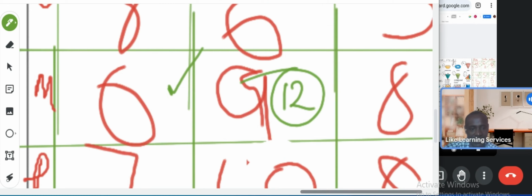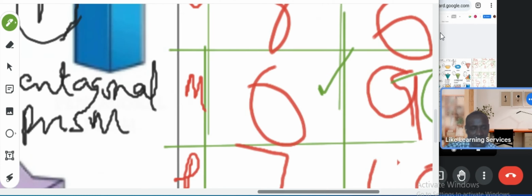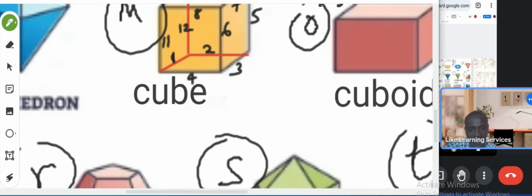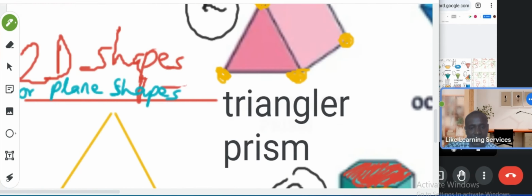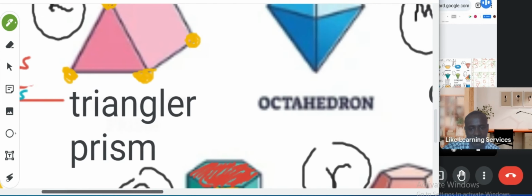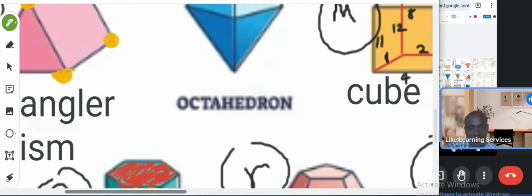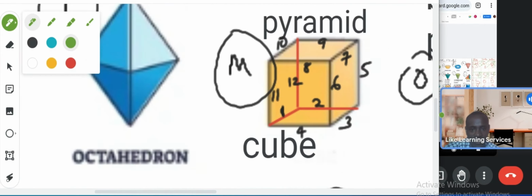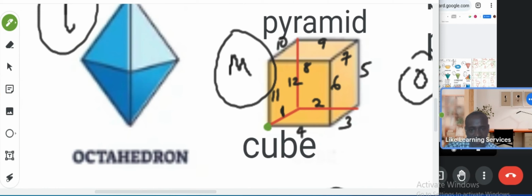What about the vertices or the corners? You wrote 8. Okay, let's confirm. The vertices, I'm going to shade them with green. 1, 2, 3, 4, 5, 6, 7, 8.